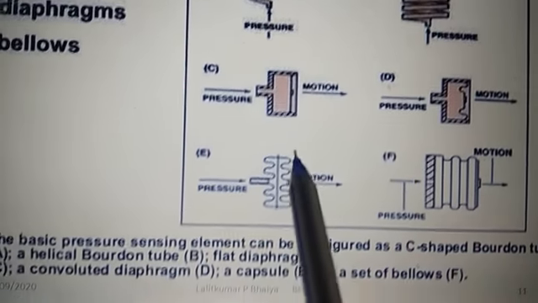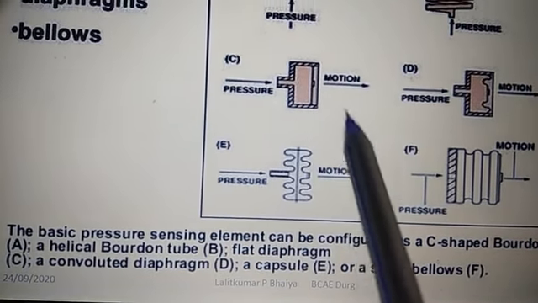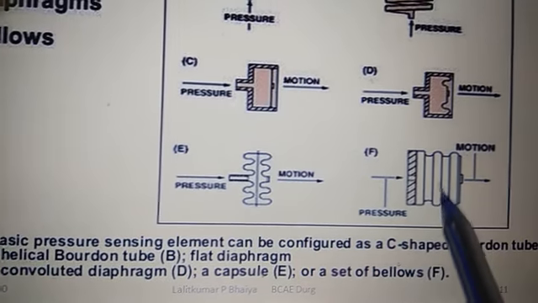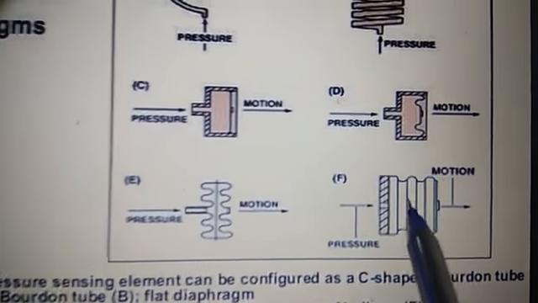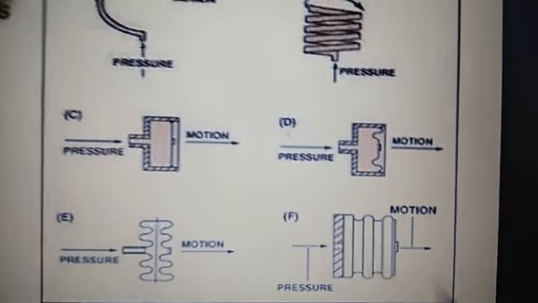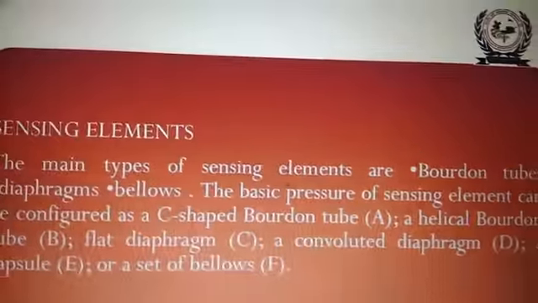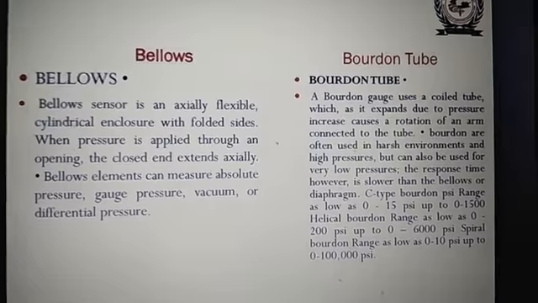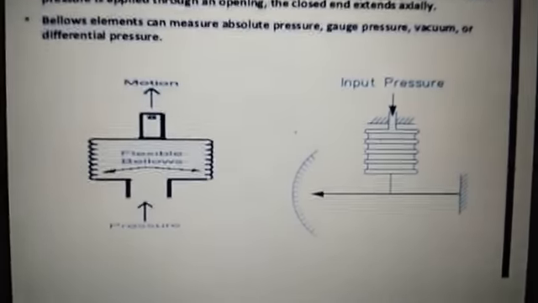And these are the bellows. Flat diaphragm, these two are the flat diaphragm, and this figure F is the bellows. So we have seen these bellows and Bourdon tubes. These are the two important sensing elements.